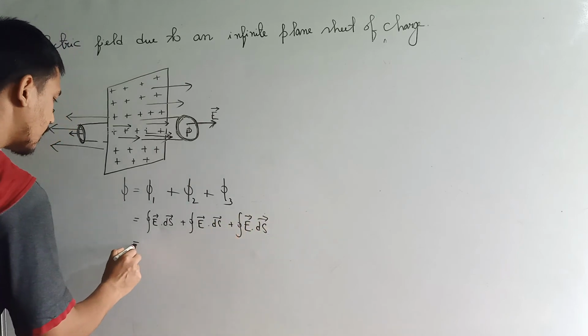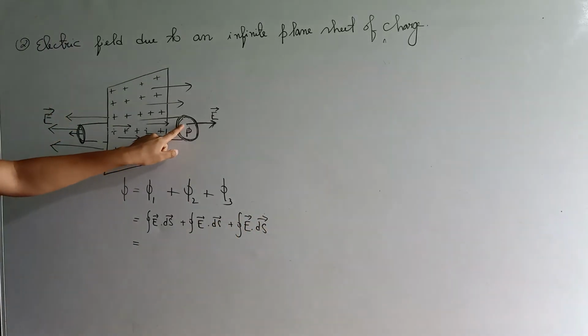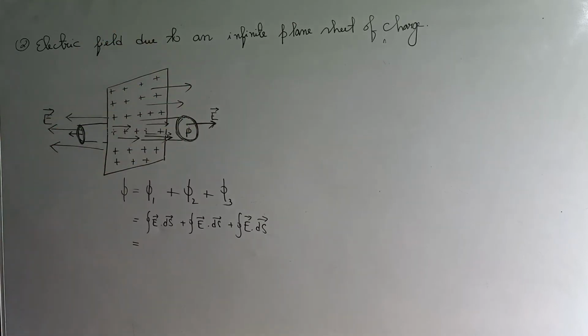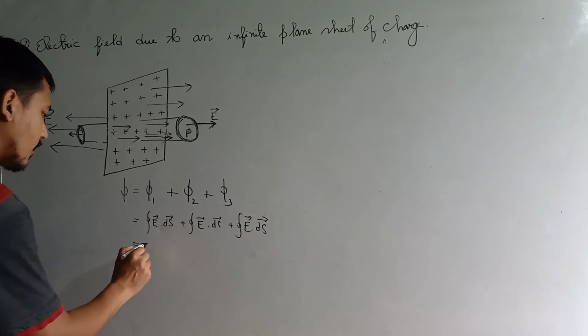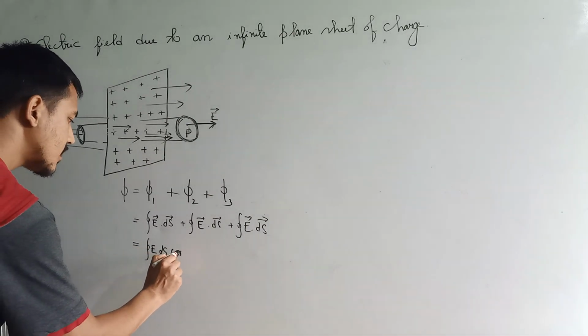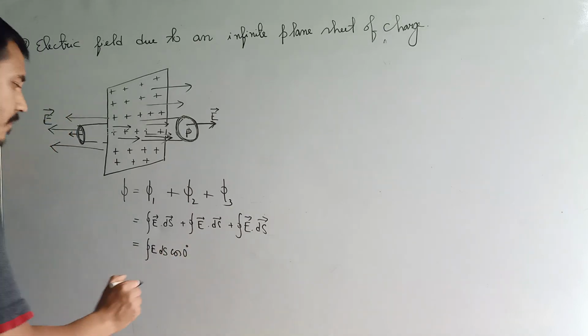Now you see, for this surface, the electric field and the area vector are in the same direction, so the angle between them will be 0 degree. So this one will be E ds cos 0 degree.